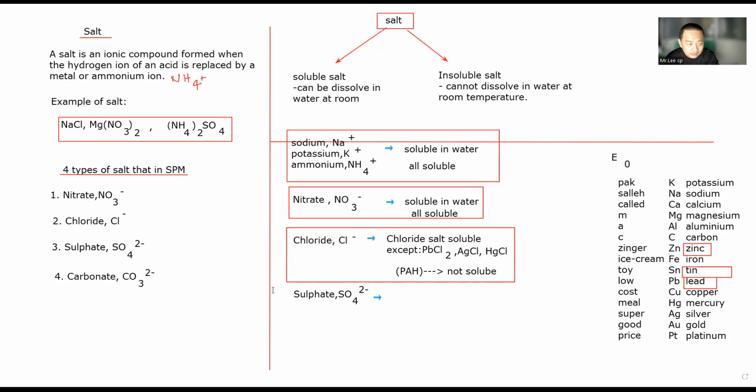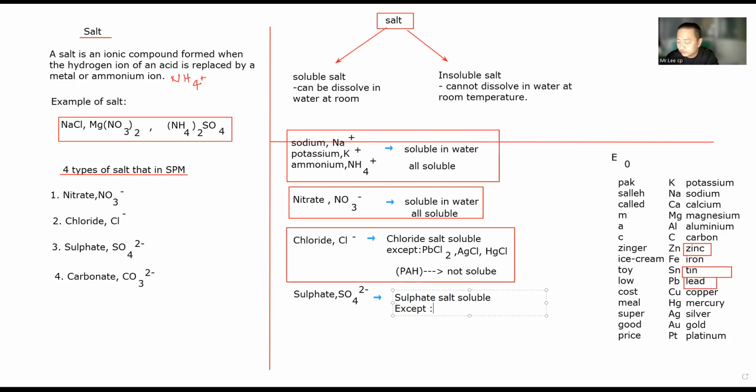Now, sulfate also is not all soluble. So we said sulfate salt soluble, except 3: lead sulfate, barium sulfate, and calcium sulfate.